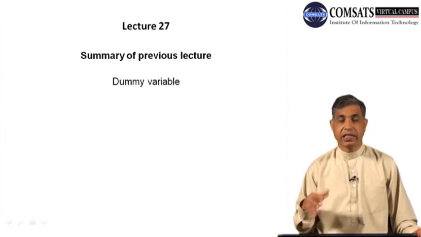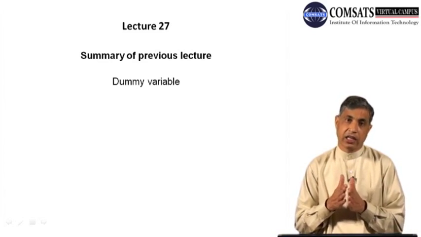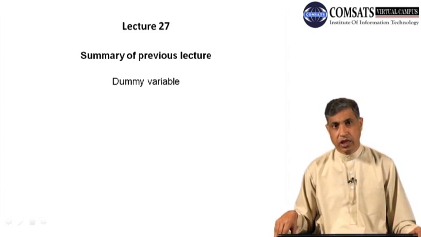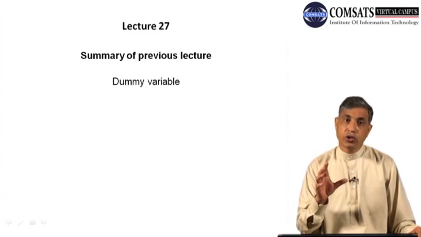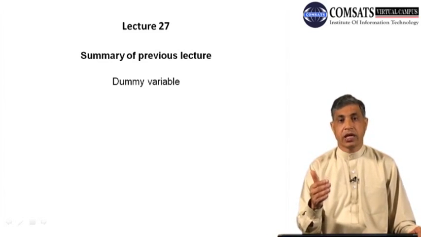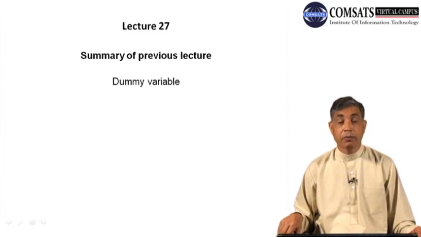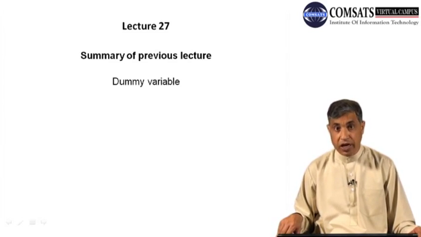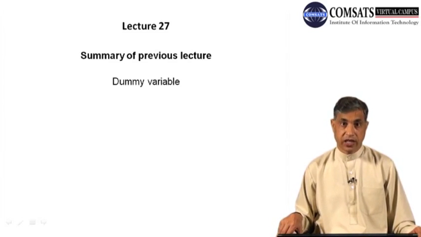After this, we studied the other choice, that we introduce as many dummies as there are categories, but at the same time we should exclude the intercept, otherwise we will fall in the dummy variable trap.